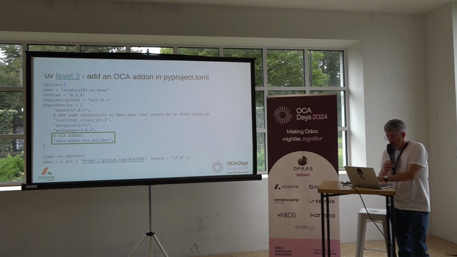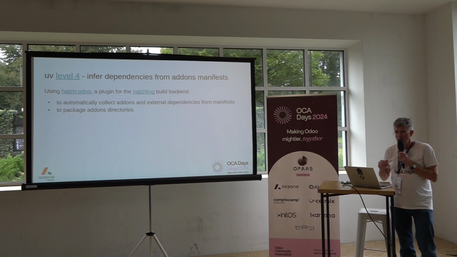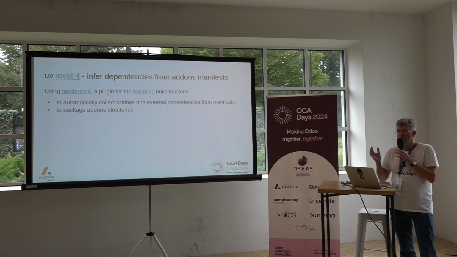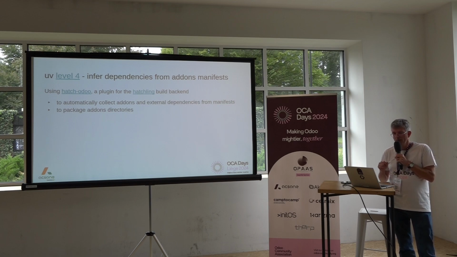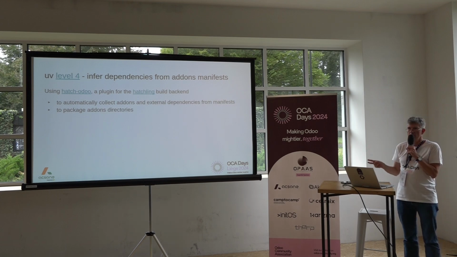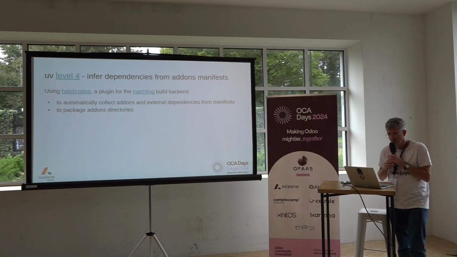The next thing you can do is use a plugin for the Hatchling build backend. Hatchling is an alternative to setuptools to package, to build Python projects. And Odoo provides a plugin for that backend that is going to automatically detect dependencies by looking in the manifests of the add-ons.